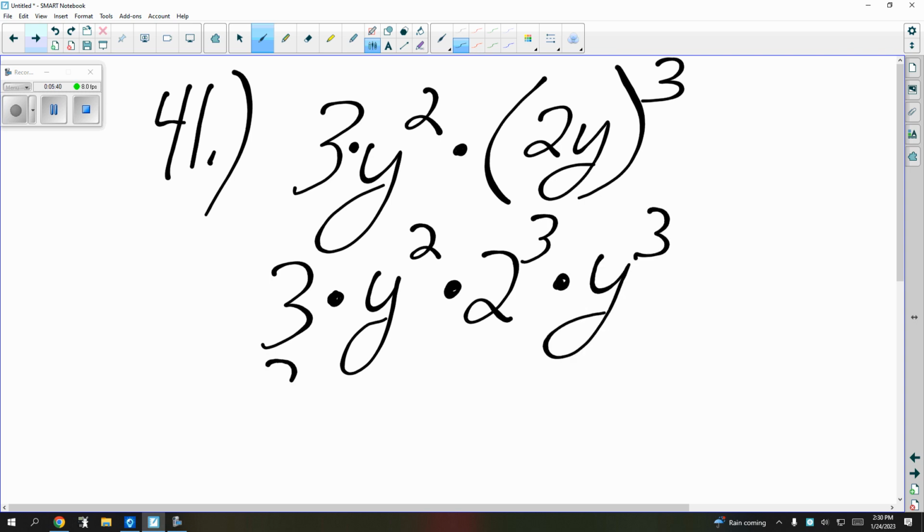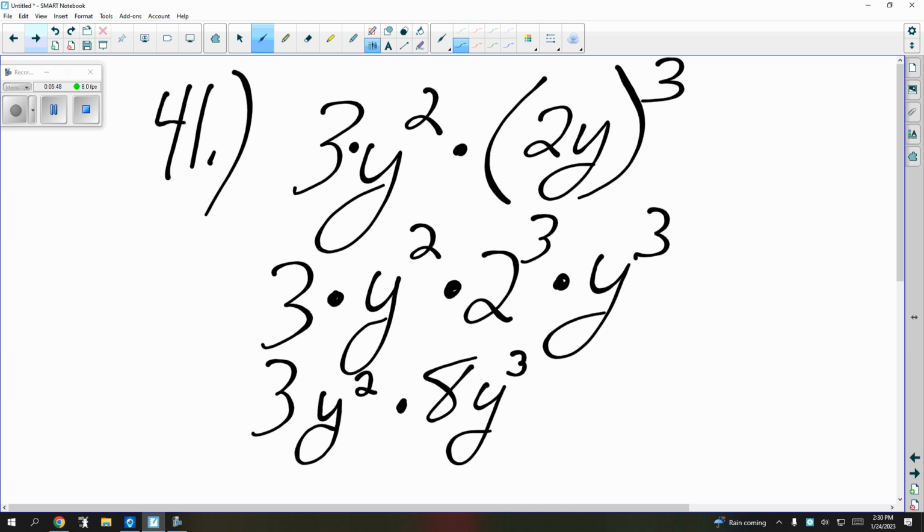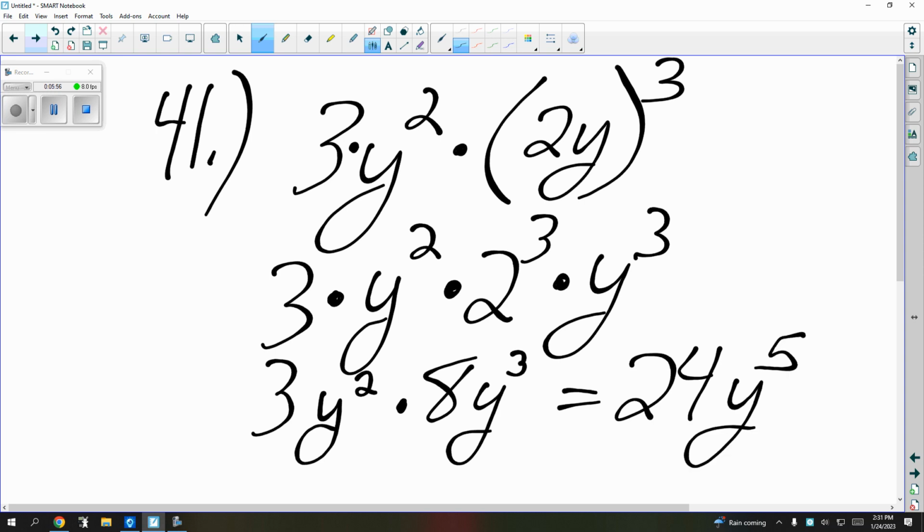So it's 3y squared times 8y cubed. 2 times 2 times 2 is 8, not 6. And then you multiply those puppies together. And voila, you get 24y to the 5th.